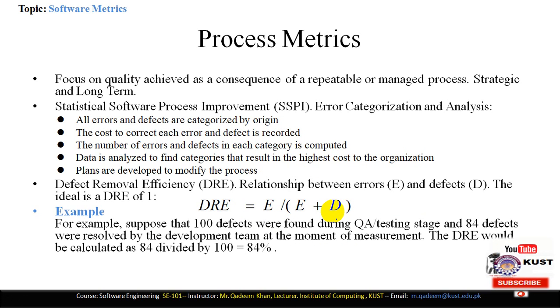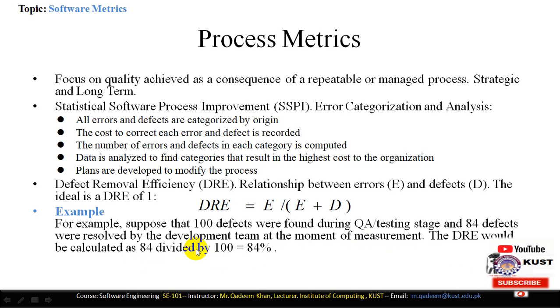So if the value of D is 0, that gives us 1, which is the ideal. It means that the customer does not identify any errors in the usage of the project. For example, suppose that we have 100 defects found during the quality assurance testing stage, and 84 defects were resolved by the development team at the moment of the function measurement. So the DRE would be calculated as 84 divided by 100, which is equal to 84%.